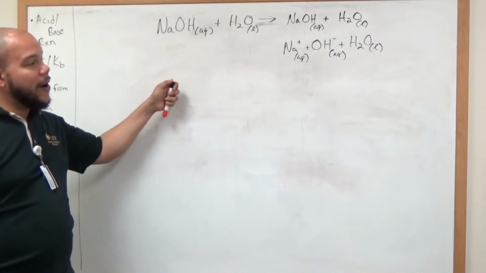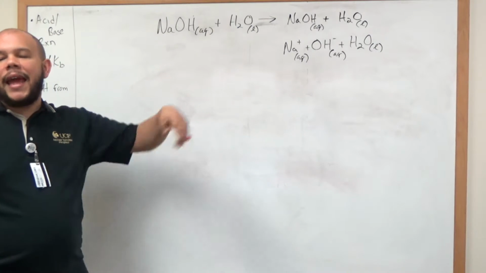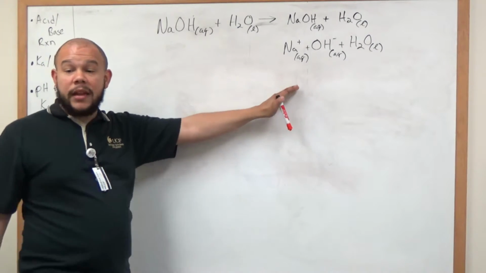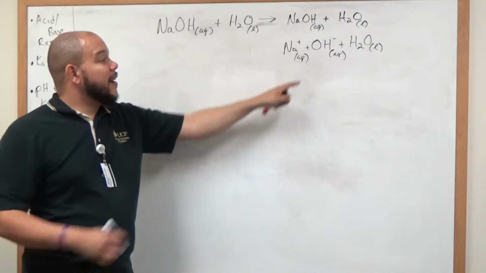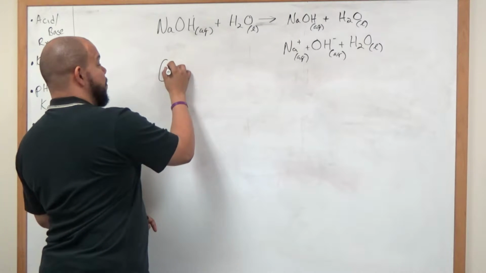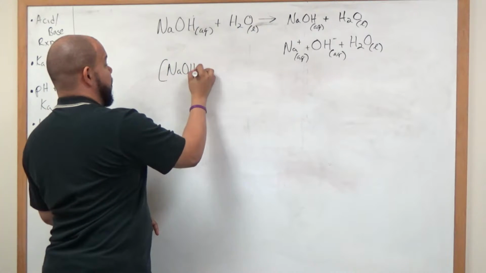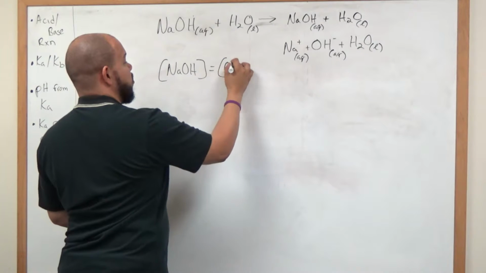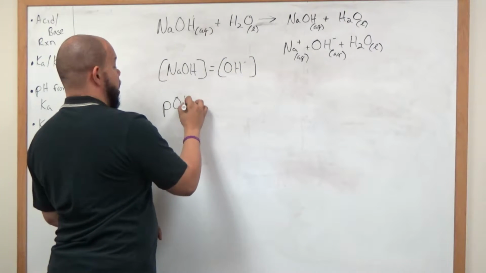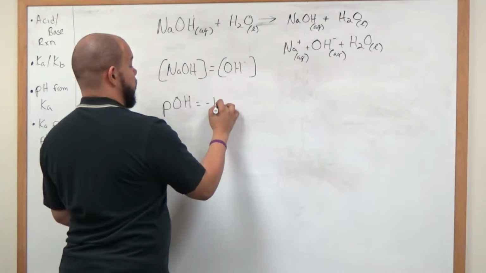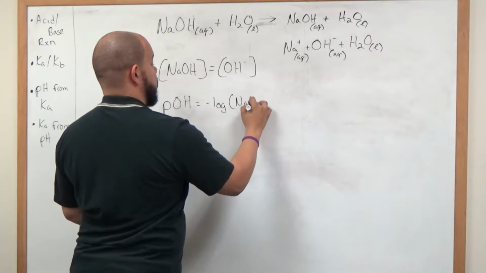So when we're talking about Kb here, again, Keq, when we're talking about the equilibrium expression, if we have complete dissociation, then the concentration of the base is equal to the concentration of hydroxide in solution. And therefore our pOH is equal to negative log of our NaOH.